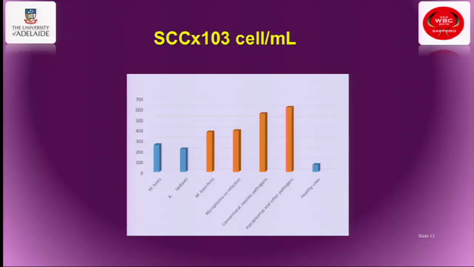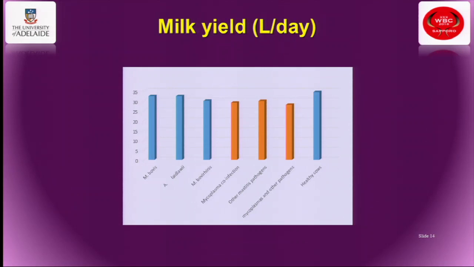Results showed a significant difference in test day somatic cell counts between almost all groups, except the group of Acholeplasma laidlawii and the healthy cows group. Correspondingly, test day milk yield was significantly affected with co-infection mollicutes, other mastitis pathogens, and mixed infection between those groups.